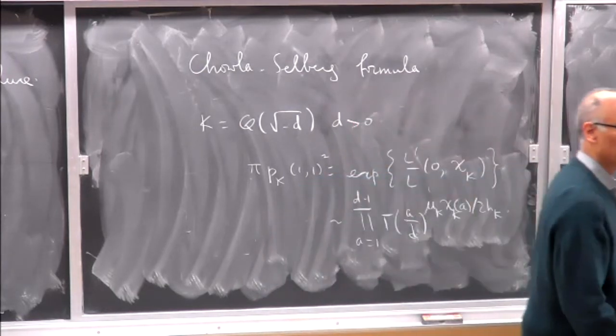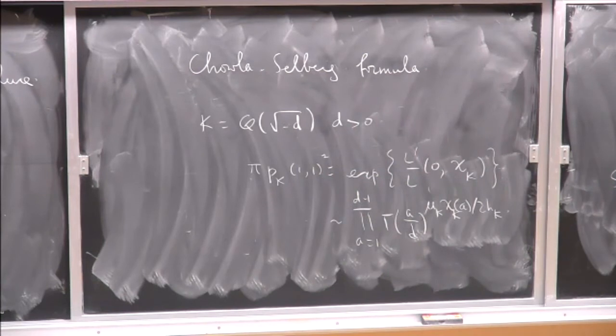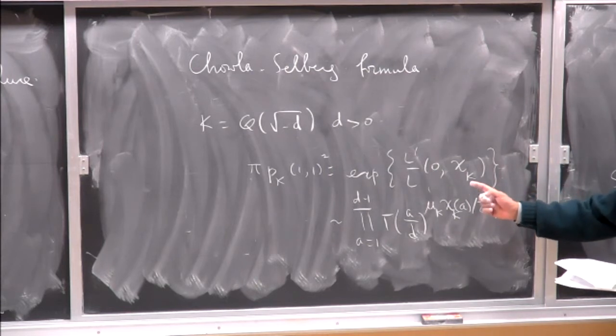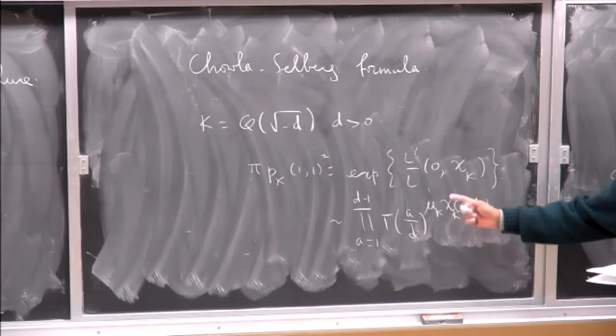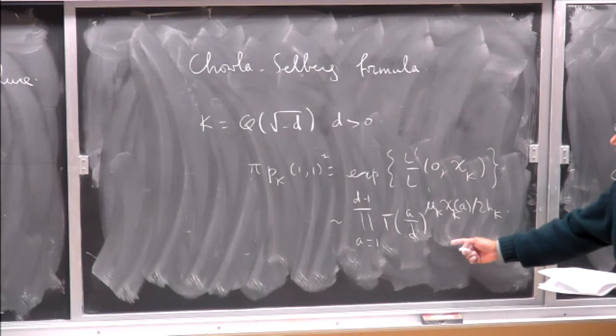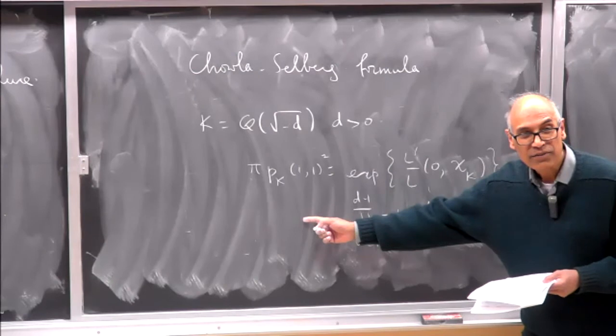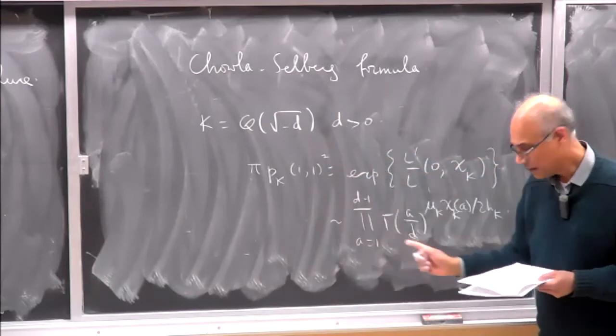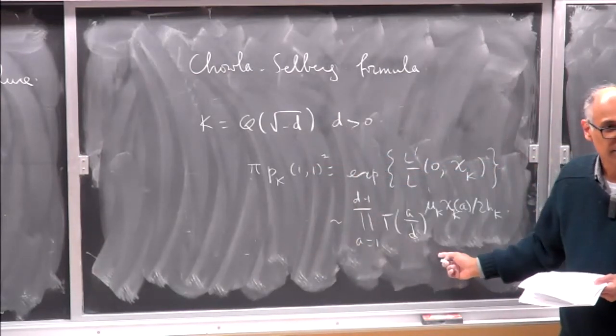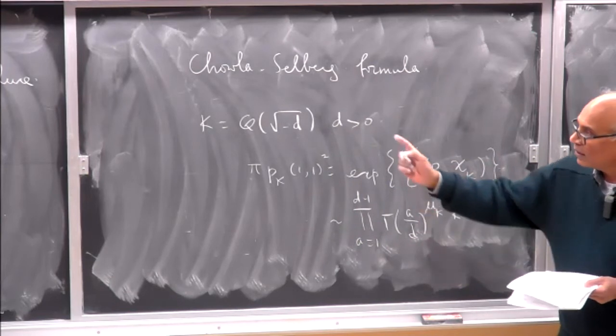So it's a product of gamma function values at rational points. This is a theorem, and this is kind of classical. And then it's Chowla-Selberg that says, in this case, you're dealing with an elliptic curve with complex multiplication by k, and this is a formula for the theorem. So therefore, the theorem is true.